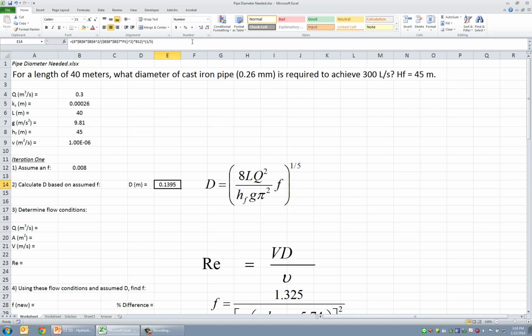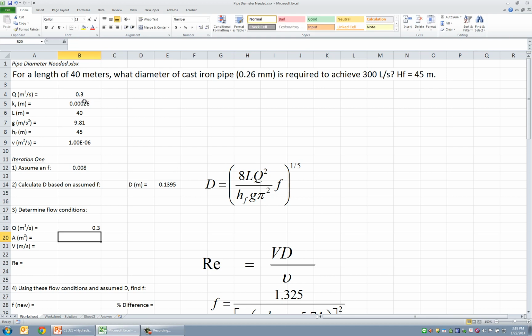And it's very useful that I've typed in this formula. I'll be able to just copy and paste somewhere else later on when I'm ready to find the D again. I won't have to type that in once again. So determine the flow conditions. You know, the flow rate is already known. I'm just going to base that on the original flow rate.